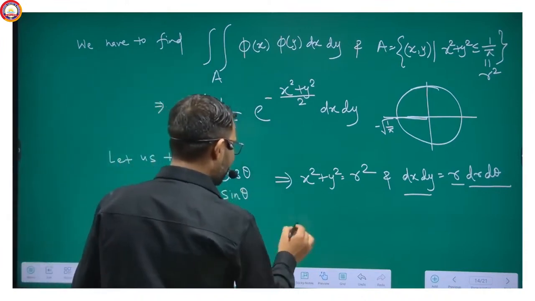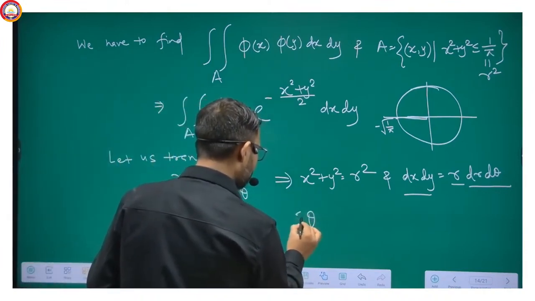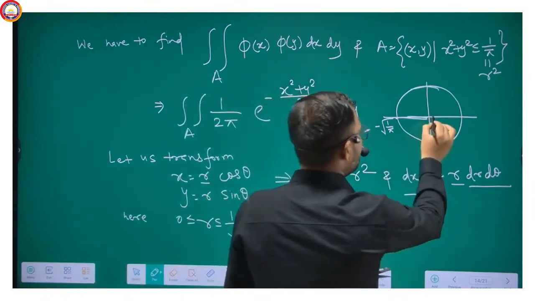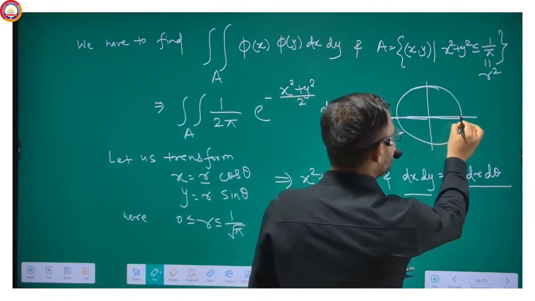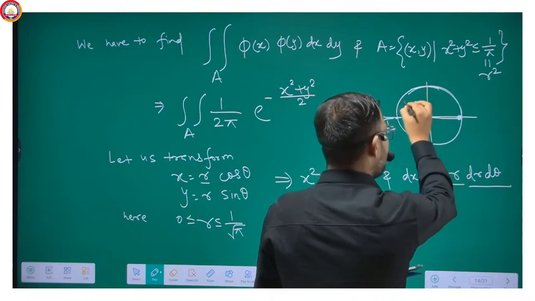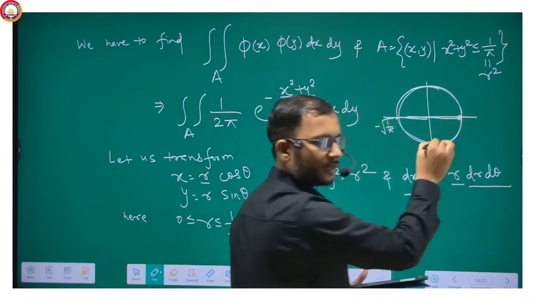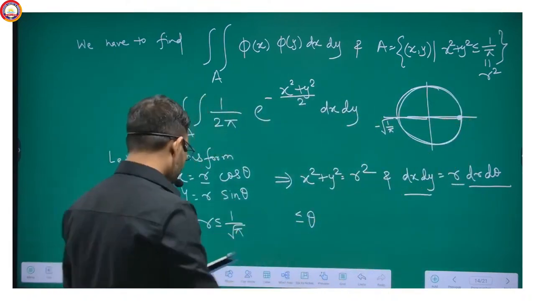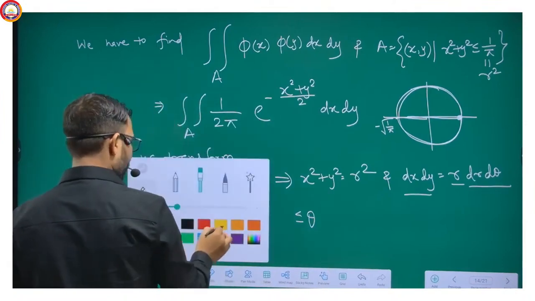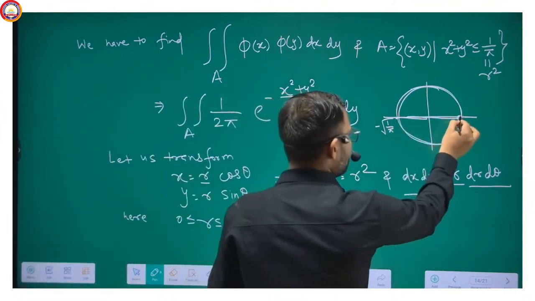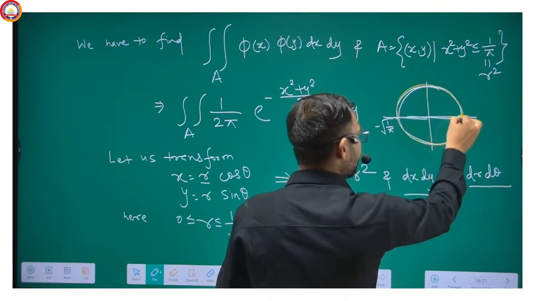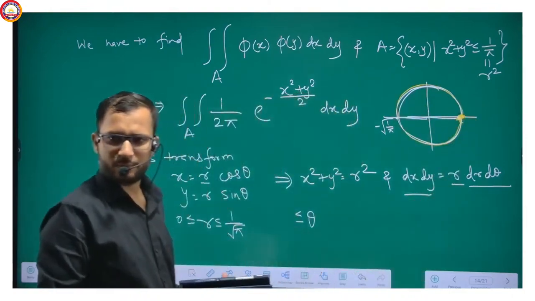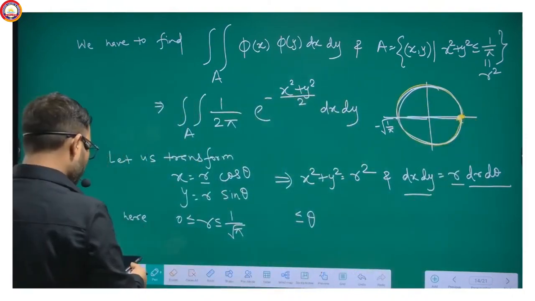So the range of theta is what? The range of theta is from 0 degrees to 2 pi. Getting my point? So yes, this is from 0 to 2 pi.